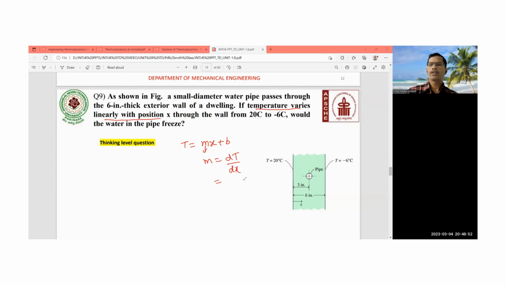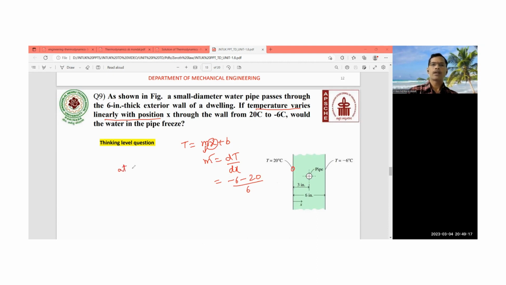What is that change in temperature? It is minus 6 degrees centigrade minus 20, divided by 6 inches. So you will get the slope. Now at the left hand face, the temperature is 20 degrees centigrade, and x is equal to 0.